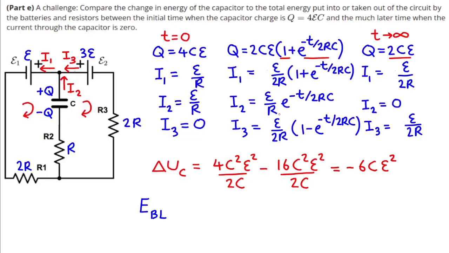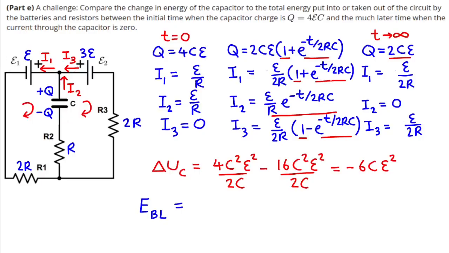Similarly, the currents have a steady state term and a transient term, and the second current completely disappears when the capacitor discharges, so that's a fully transient term, and the third current has a steady state term and a transient term. So the energy that's put in or taken out by the battery between the initial time and a much later time, when the current through the capacitor is 0, is obtained by integrating the power that's input or output in the circuit in the transient phase.